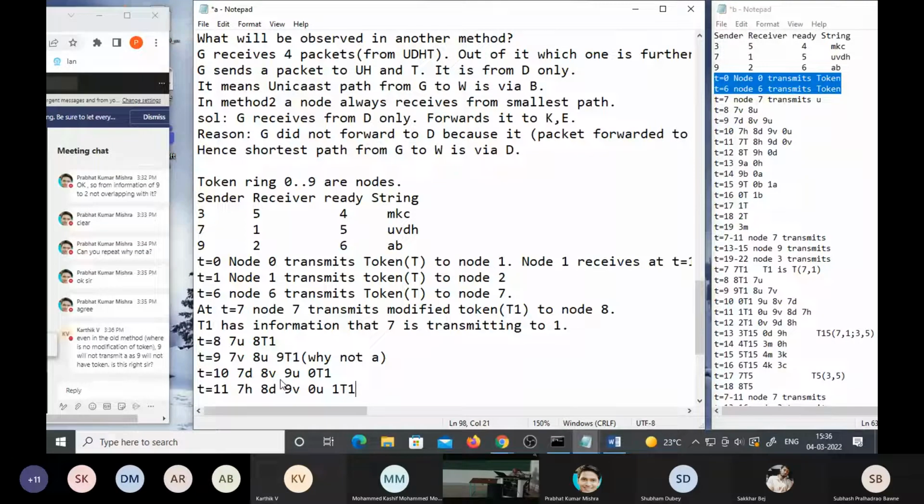You see, in that scheme, the token was transmitted after the message. Here, the token is transmitted before the message. Can you understand the difference? In the old scheme, the token was transmitted when the transmission of the message was over. As soon as you get a token, you can start transmitting. There was only one type of token. But here it is not. Even if you get a token, you cannot start transmission.